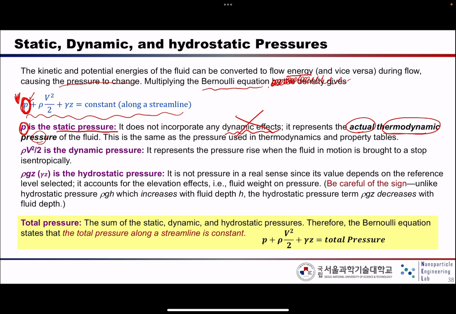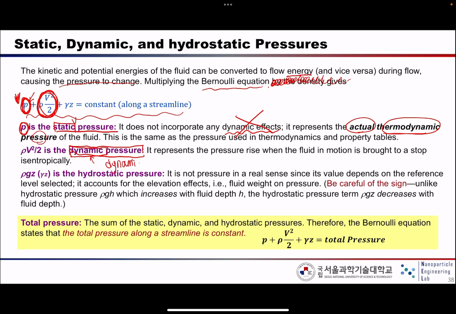If you calculate with the ideal gas law, this P represents the static pressure, not the other pressures. The first term represents the static pressure, and the second term we call the dynamic pressure.